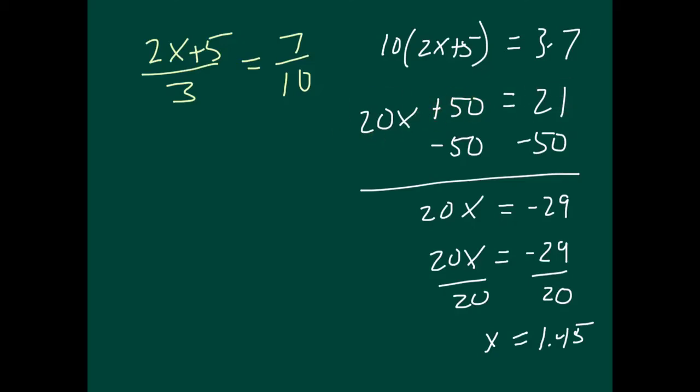These are numbers and numbers. You want to get the numbers all over on one side. This is adding 50, so you subtract 50 from both sides of the equation to keep it equal. 20x then is negative 29. And you divide. x is being multiplied by 20, so you divide by 20. And x is negative 29 over 20, also known as negative 1.45.